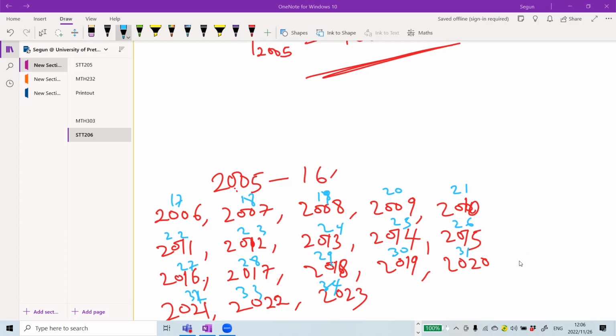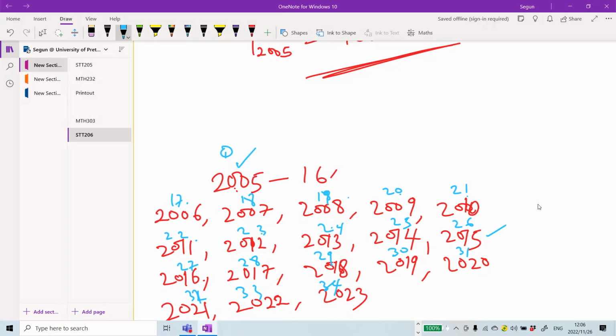Now that we have 34, like I told you the other time, be careful when you are counting the years. From 2005 to 2015, is it 10 years? It's 10 years. But 2005 is number 1, then 2, 3, 4, 5, 6, 7, 8, 9, 10, 11.